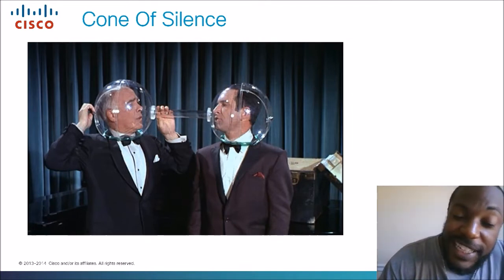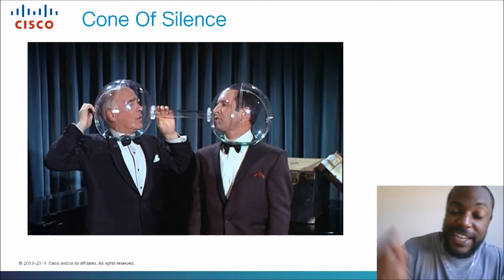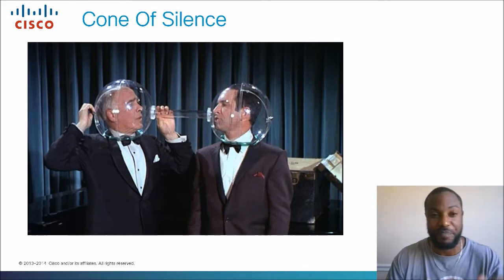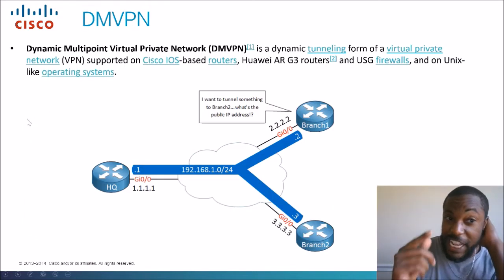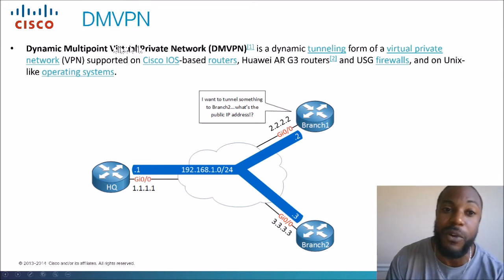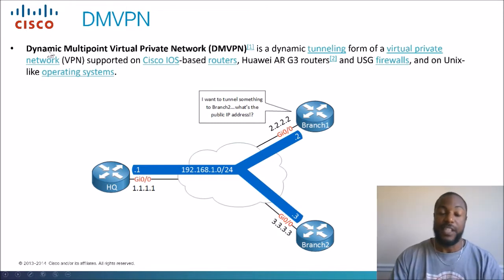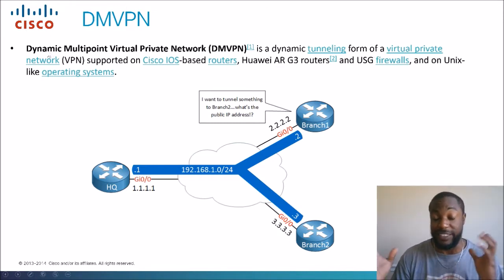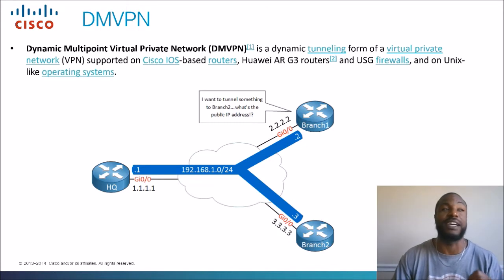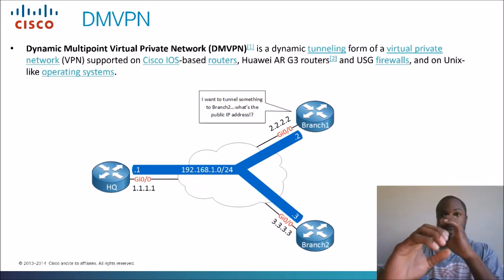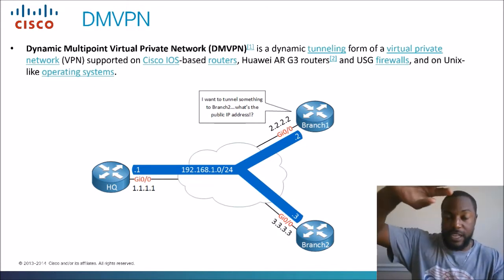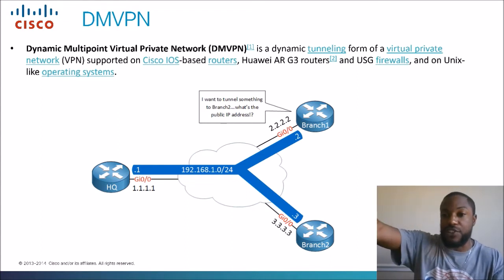Let's head over to the next slide for an official definition. A DMVPN is a Dynamic Multipoint Virtual Private Network. It's a dynamic tunneling form of VPN. Just like we said, it's just like VPNs, but it's dynamic, because it would be static if the tube were attached.